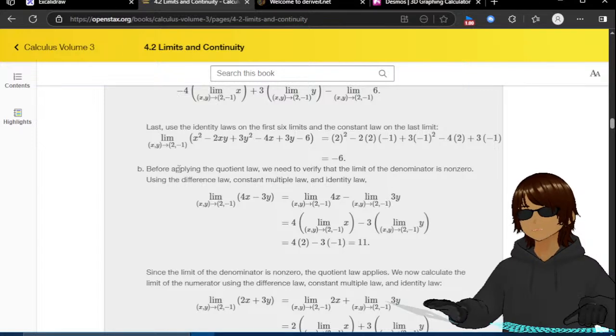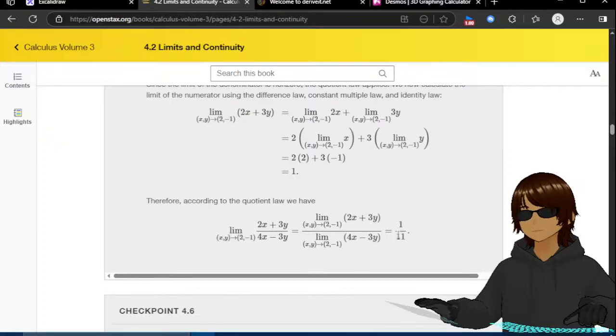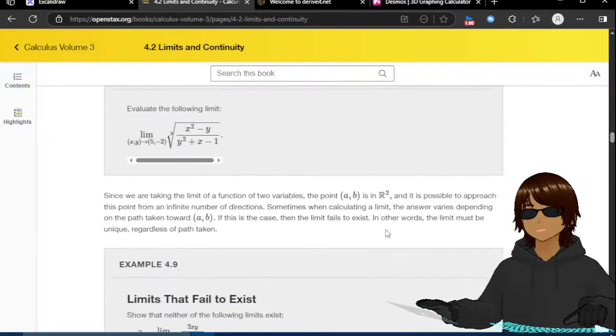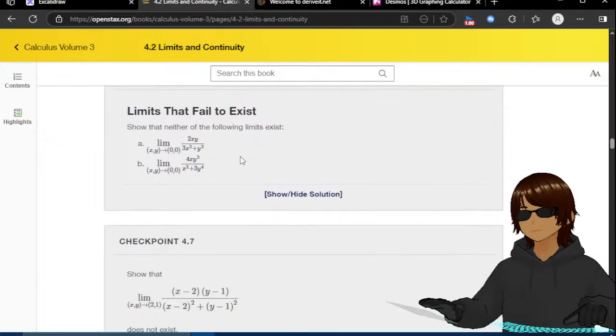Before applying the quotient law, we need to verify that the limit of the denominator is non-zero using the difference law, constant multiple law, and identity law. They found 11. Limits that fail to exist: show that neither of the following limits exist. So (x, y) approaching (0, 0).